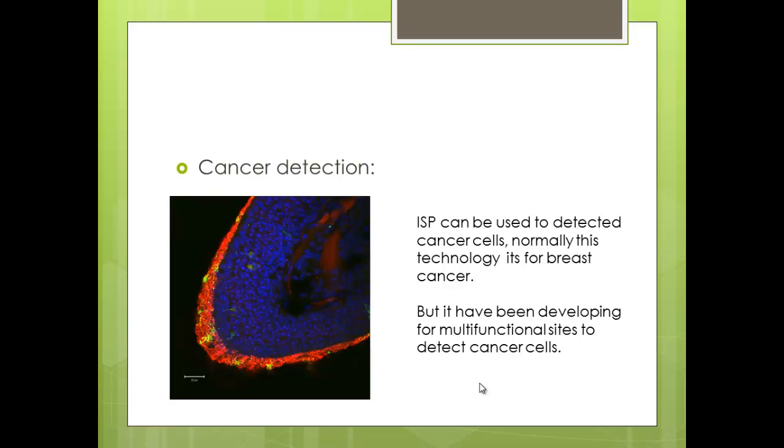The diagnosis is very fast and good. The person who has cancer can be saved, and maybe they are going to lose the breast. But cancer detection has been developed for multiple sites for that kind of cells.